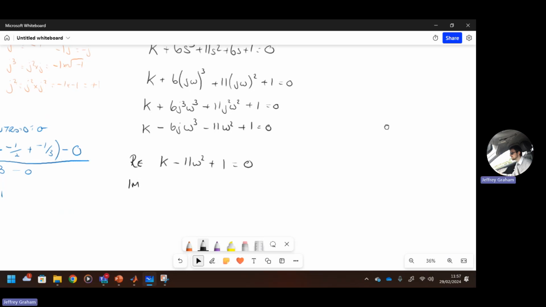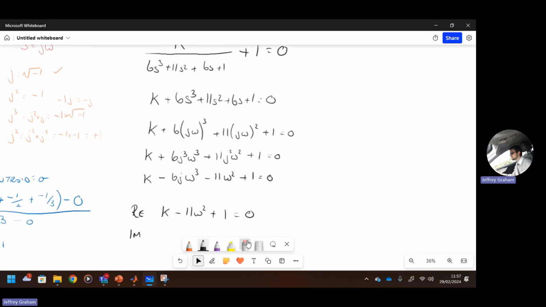Right. Let me just jump back one second, as I made a minor omission I've just spotted. It doesn't affect too much. I just missed the 6s off, so that becomes 6j omega plus 1.